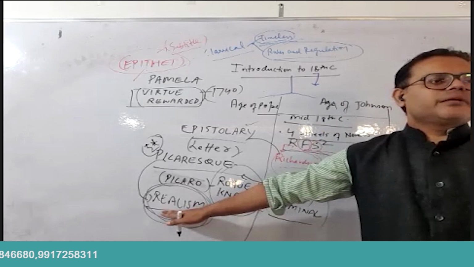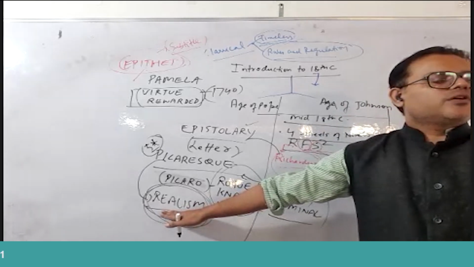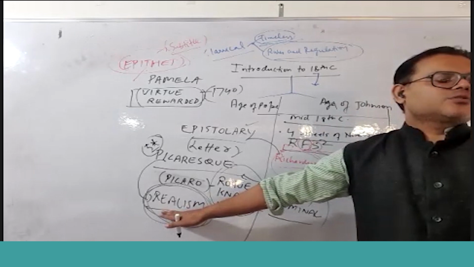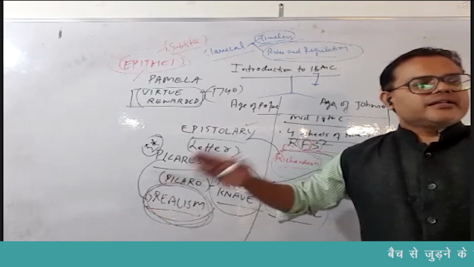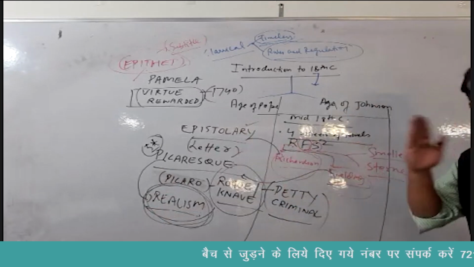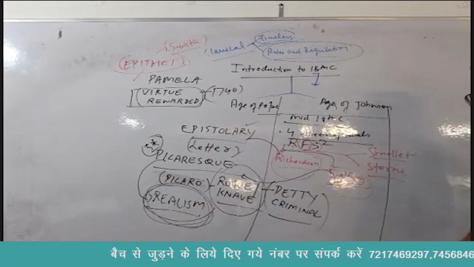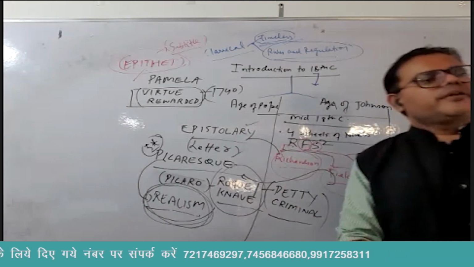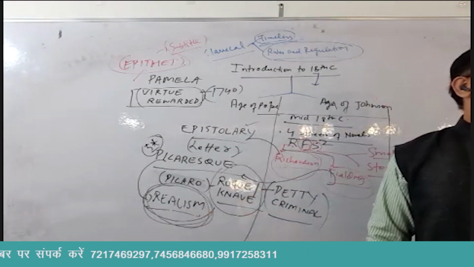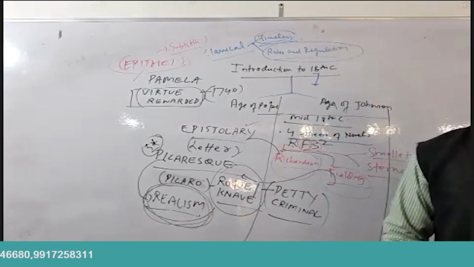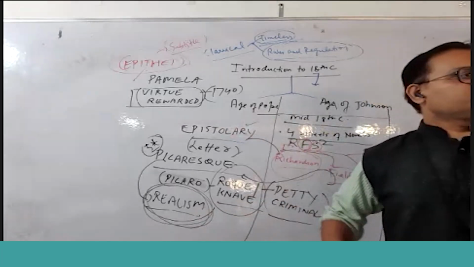He did not mince his words. He was brave and bold enough to say whatever the society is. And that is why most of the critics say that Richardson is not the father of English novels. It is Henry Fielding who should be called the father of English novels. But my dear students, as per the chronology, it was Richardson's novel which appeared first.